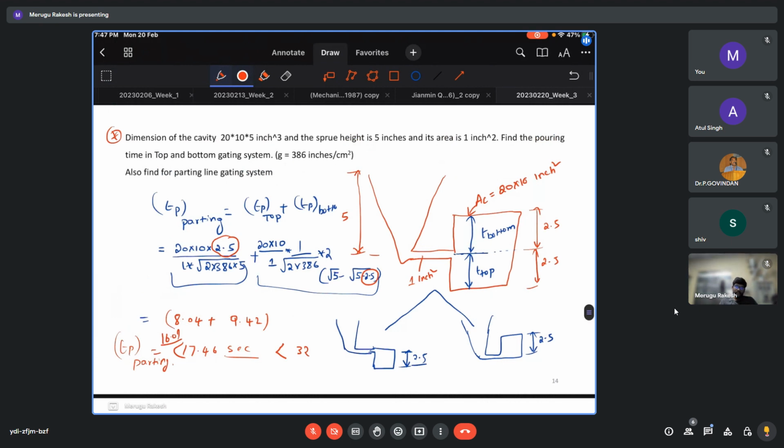So these are the main models in this gating design and area. If you are perfect with these things, I think you are good to go with the numericals on this gating design.